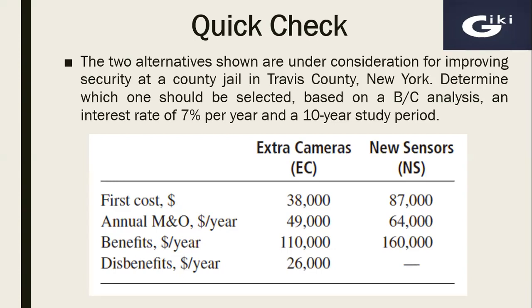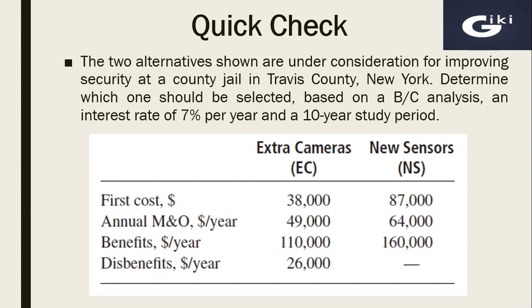First cost of both options is 38,000 and 87,000 respectively. Annual maintenance and operating costs are 49,000 and 64,000. Then benefits per year are 110 and 160,000. And disbenefits for extra cameras are 26,000 and no disbenefits are given for new sensors.